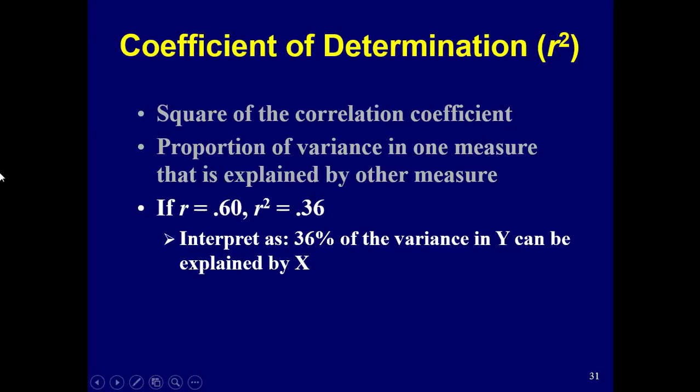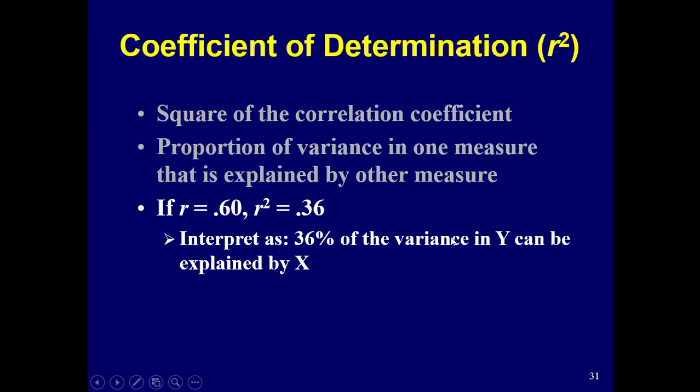So, for example, if we had a Pearson R of 0.60, we take that in our calculators, we square it, we find that the coefficient of determination is 0.36, and the way we interpret this is that 36% of the variance in our y variable can be explained by x.